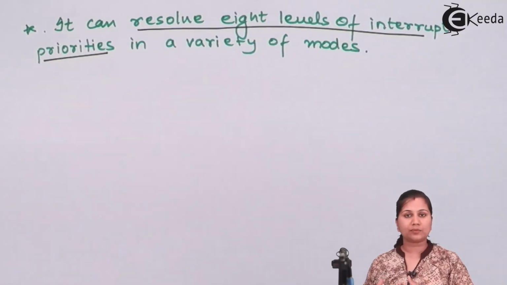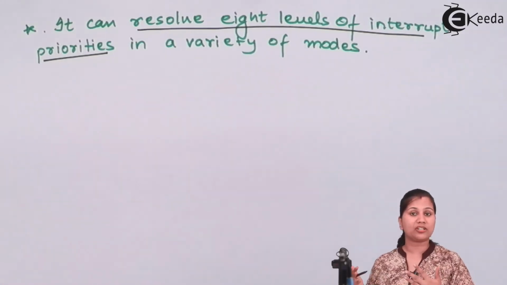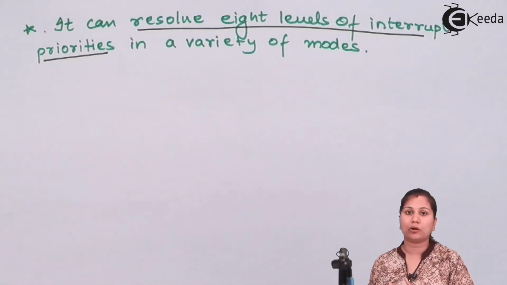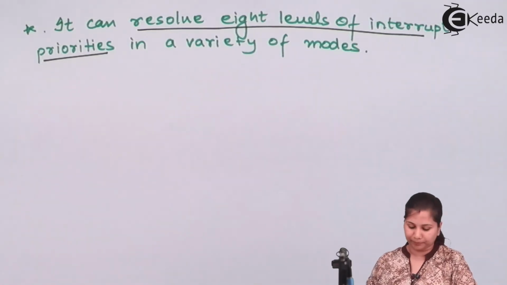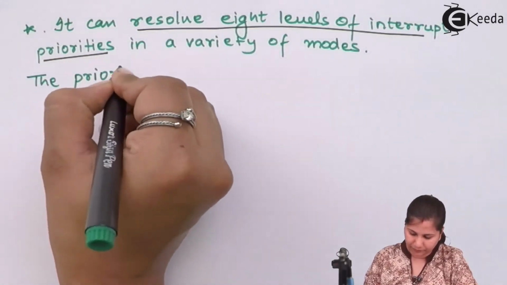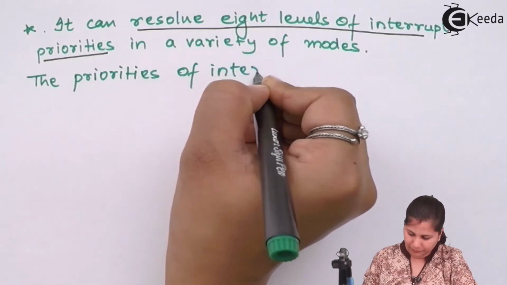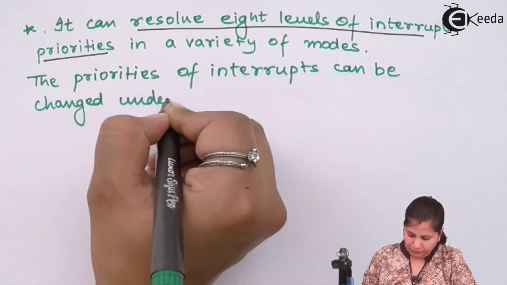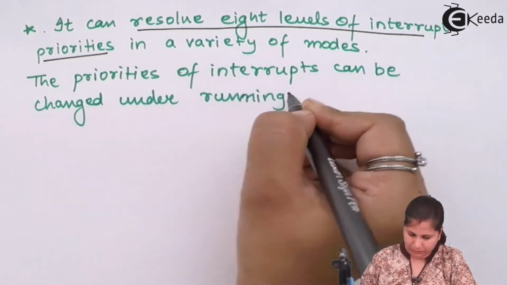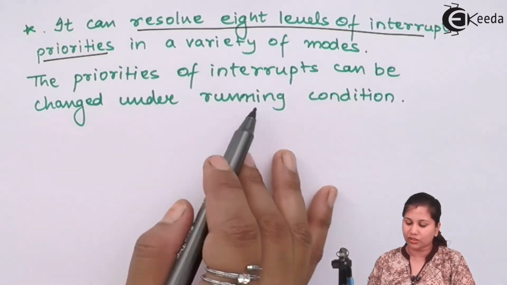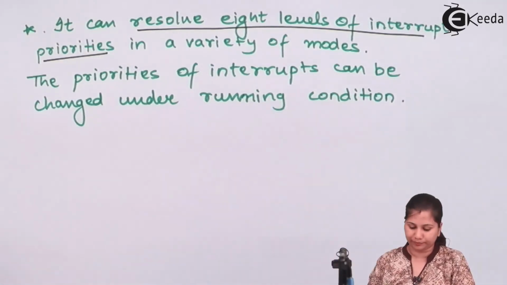In this way, the 8259 can change the priority of the interrupt at any level. So the priorities of interrupts can be changed under running condition also.